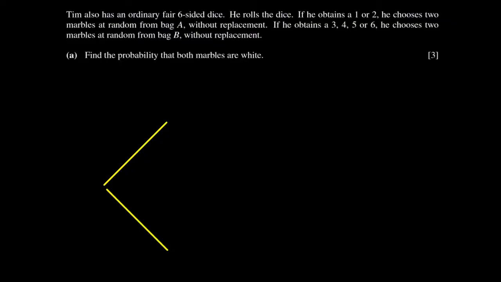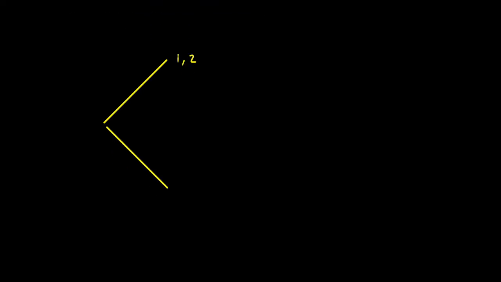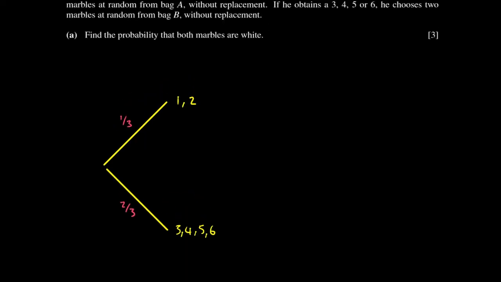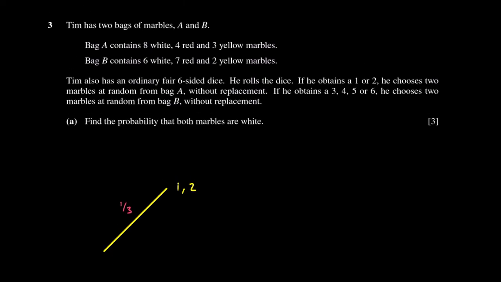He could roll a 1 or a 2, in which case he's going to go for bag A, or he can roll a 3, 4, 5, or 6, in which case he's going to go for bag B. The probability that he chooses this track is 2 out of 6, which is a third. And this one, therefore, is 2/3.